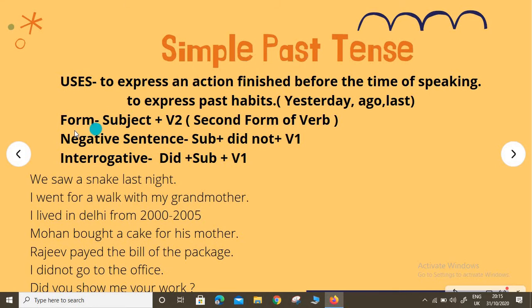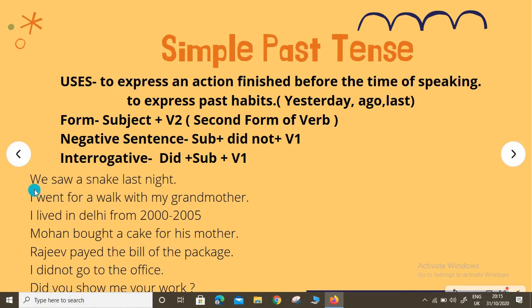And what is the structure of a sentence? Subject plus second form of the verb. Simple past tense always uses the second form of the verb. Let us look at the example. We saw a snake last night. So we is our subject, which is plural.